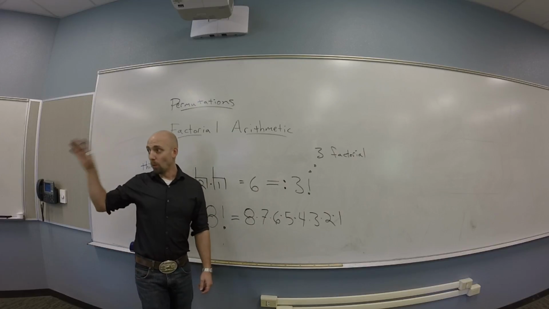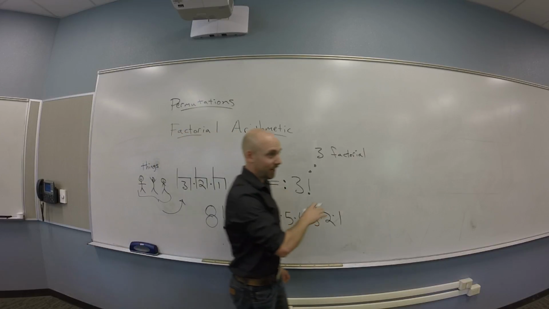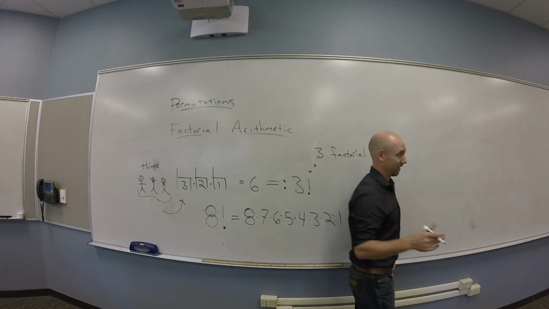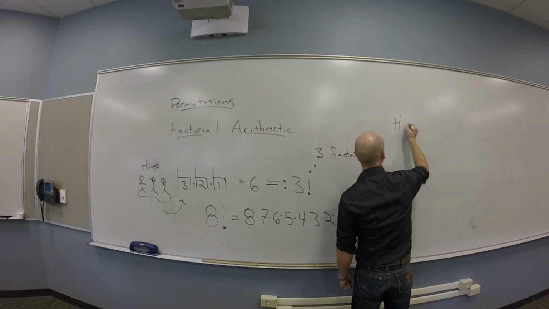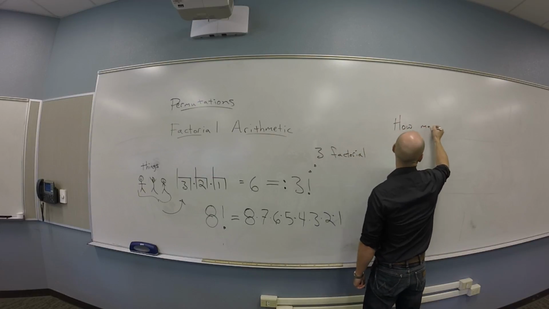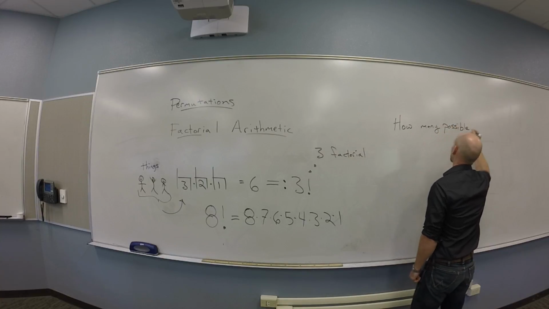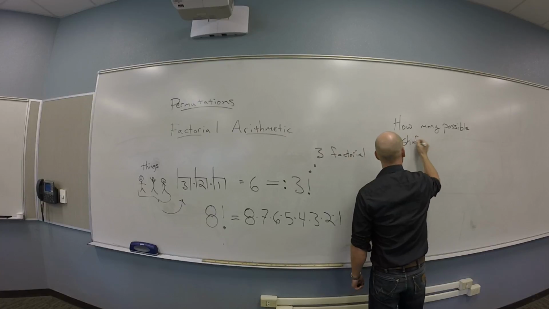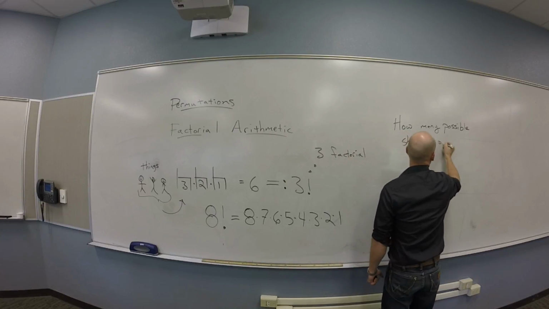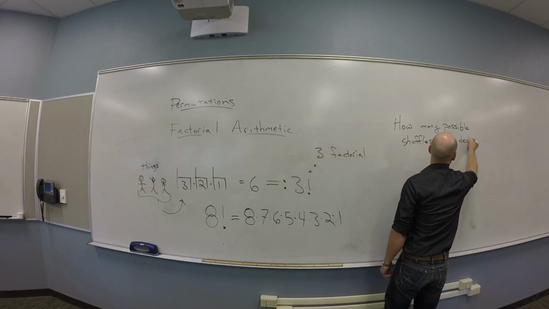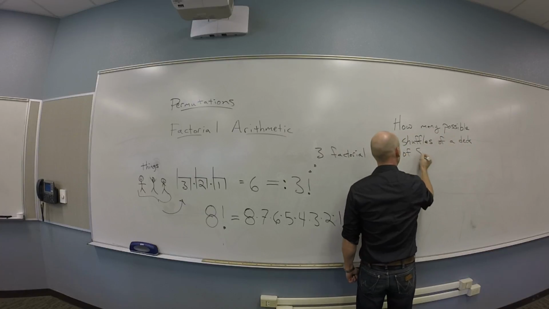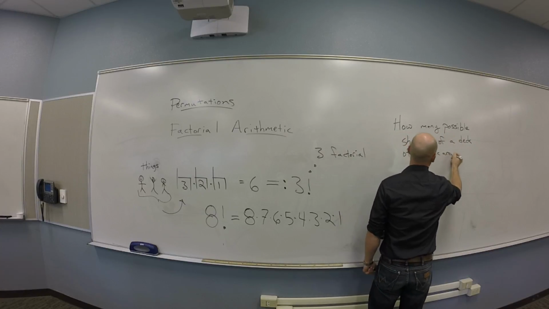So, one question we can answer with this quickly is this question that would have been really annoying. How many possible shuffles of a deck of 52 cards are there?